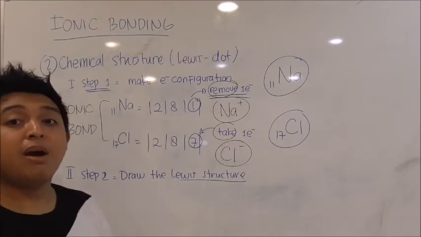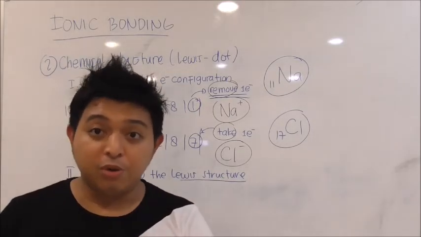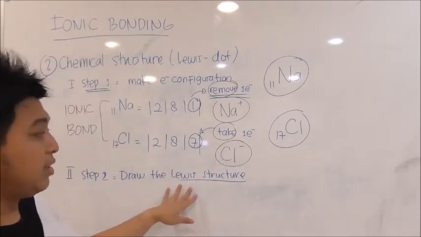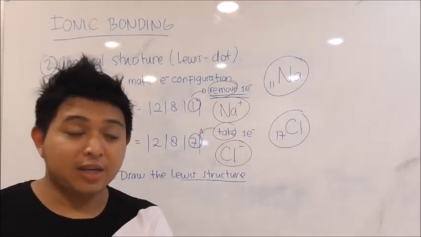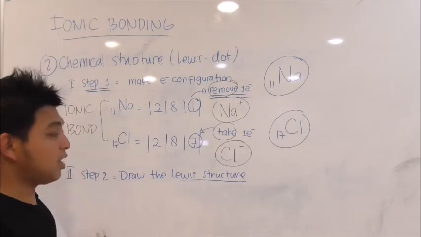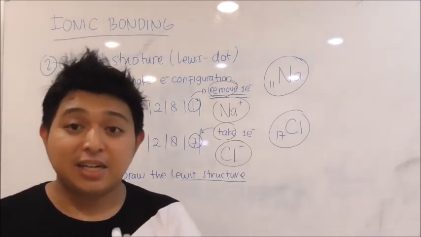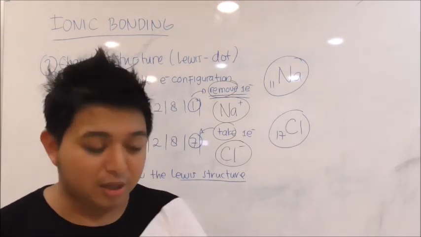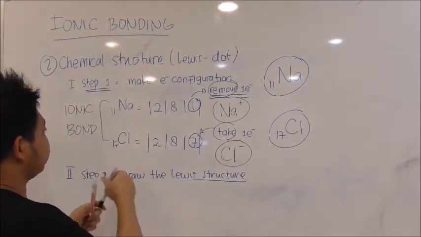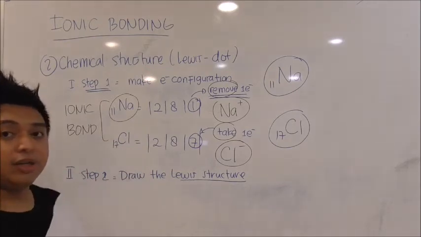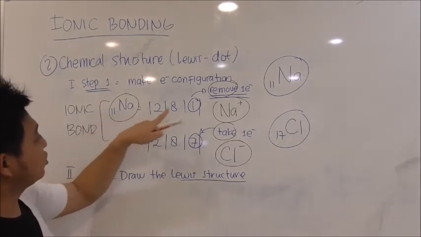In my review video before, I have already explained how to draw the Lewis structure, right? The Lewis structure represents the electrons in the outer shell. For example, sodium: how many electrons in the outer shell?